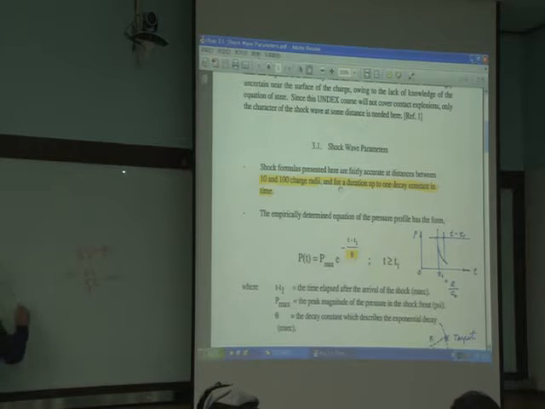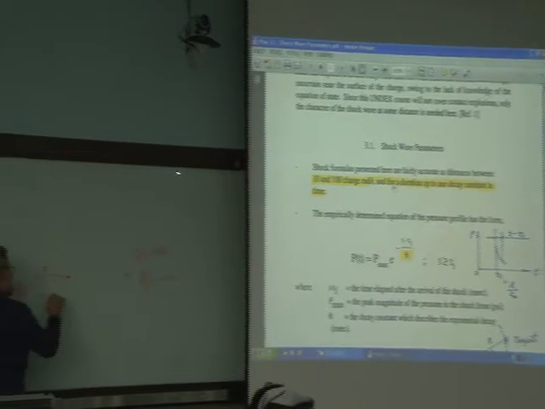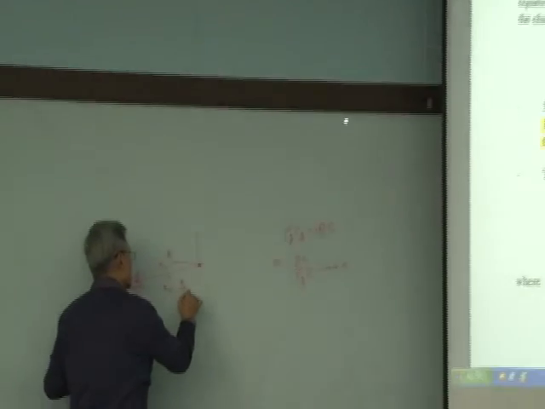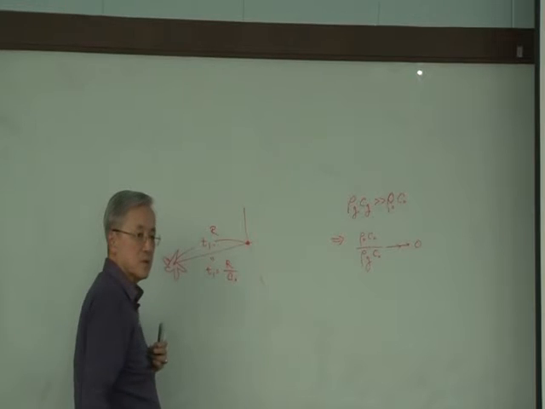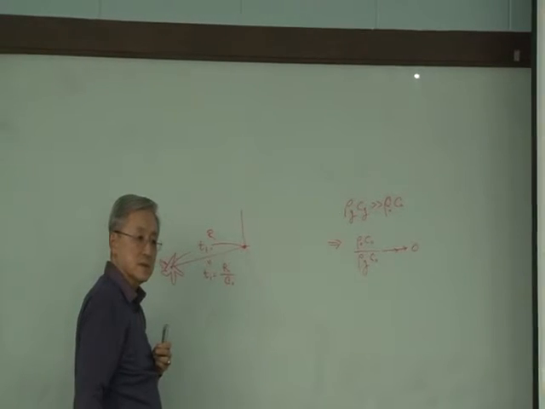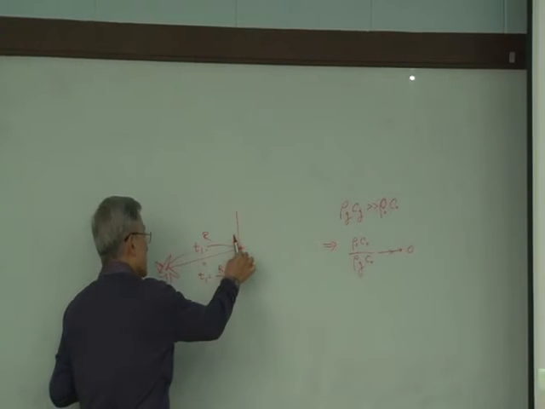So this is a target point here, let's say. So the time it reaches the target point is time T1. So if I say this distance is R, then T1 is equal to R over C naught in the water, right? So then this is the time T1.